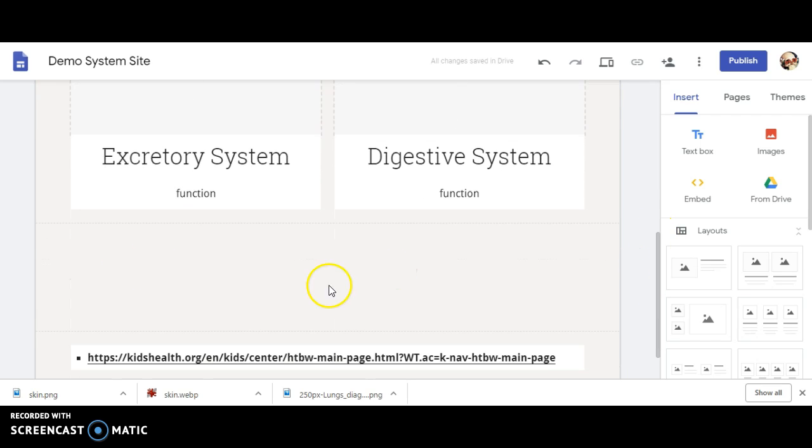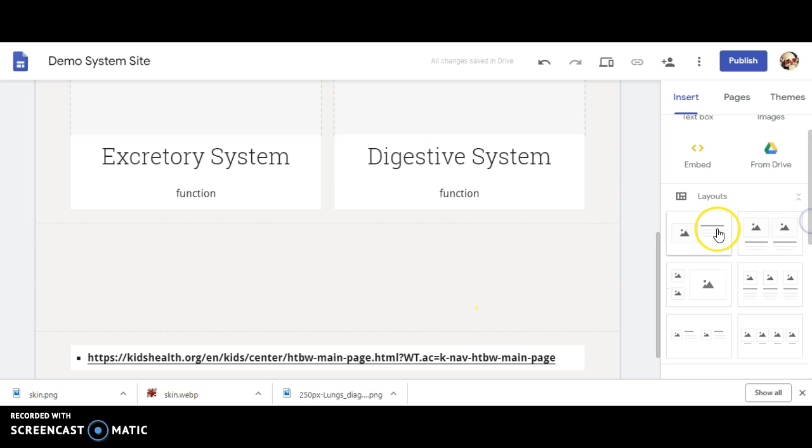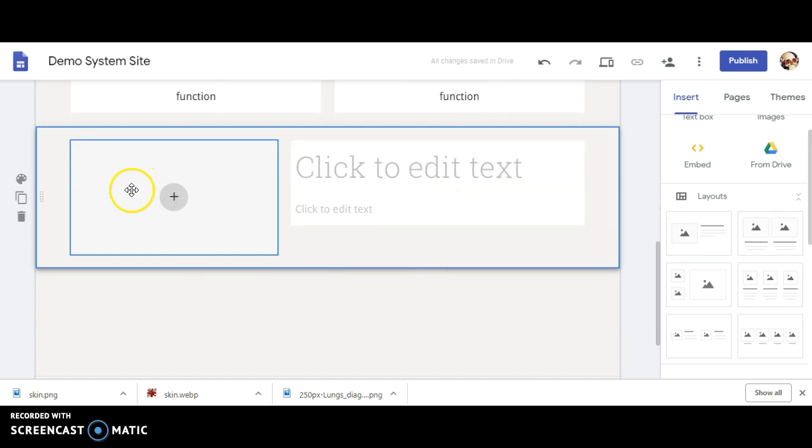And then I need the third part, which is how they work together. So if I want to, I can use this one. I can add a picture of them working together.